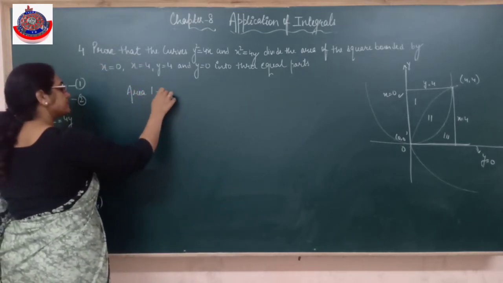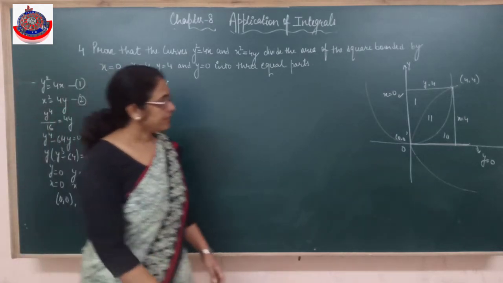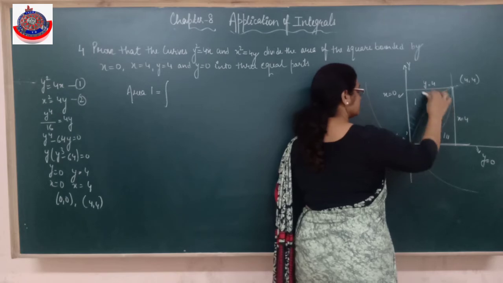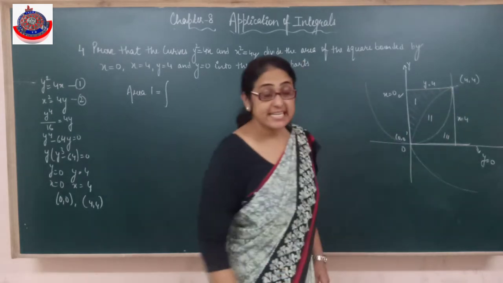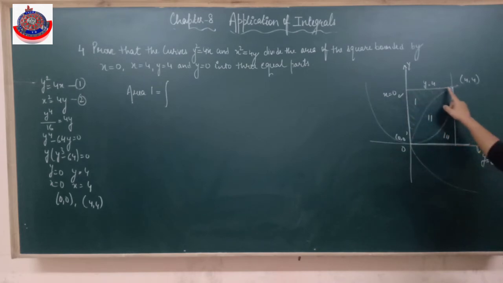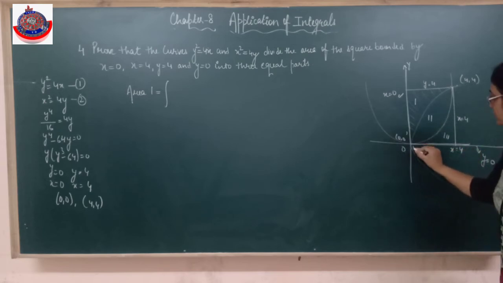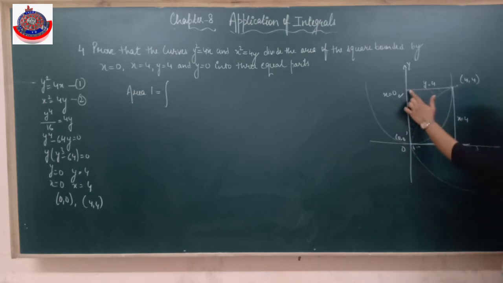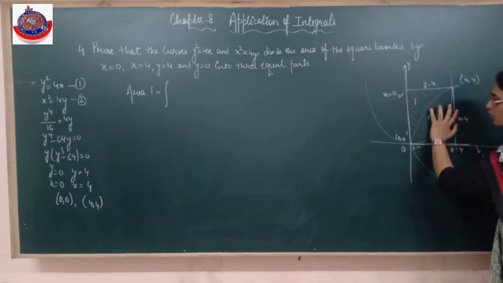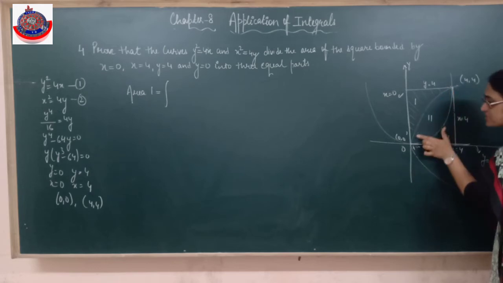Area 1. अब area 1 ये है. कैसे निकलेगा? This area 1 is bounded by this line. अगर मैं 0 से 4 लिमिट ले लूं, this is x equals 4, this is x equals 0. 0 से 4 पे अगर I take this line, तो ये सारा एरिया आ गया. बट मुझे ये चाहिए तो इसका मतलब इसमें से ये वाला एरिया सब्ट्रैक्ट करना पड़ेगा. और ये वाला एरिया किससे बाउंड कर रहा है? इस कर्व से.